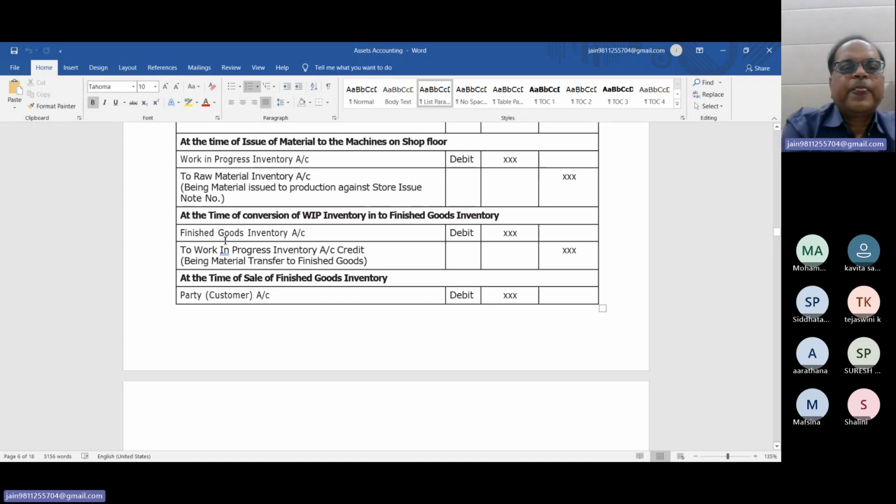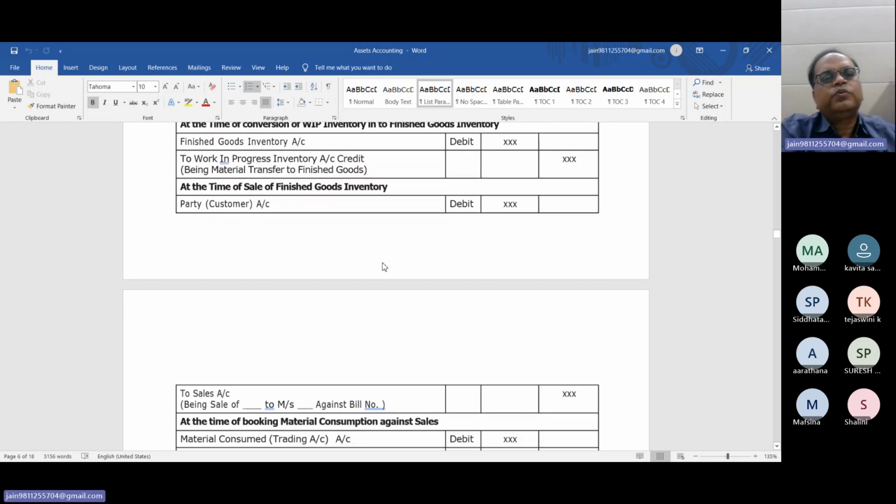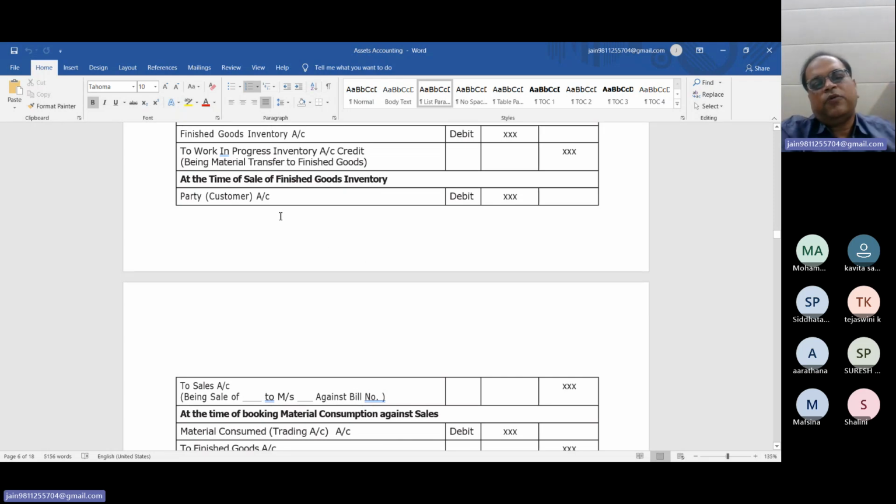Check it. So finished goods inventory account debit or finished goods control account debit to WIP inventory or WIP control. Both are same. Clear? Now, at the time of sale of finished goods, the entry is the same. We have already passed it so many times. Simple entry: party account debit, bank account debit, cash account debit to sales.